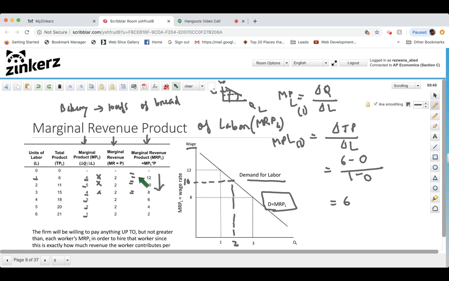So the revenue that we can earn from the first worker, the value of the first worker, is 6 times 2, or 12. This is why the MRPL is equal to the wage rate, and we can write it like this and show that the demand for labor is equal to the marginal revenue product of labor.